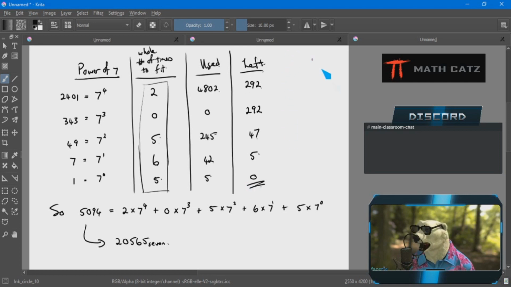So I want to have a layout, a presentation, a strategy that helps me minimize my mistakes. Mistakes can still happen, but if I show my work like this, then hopefully I've lowered my chances of making a mistake. All right.